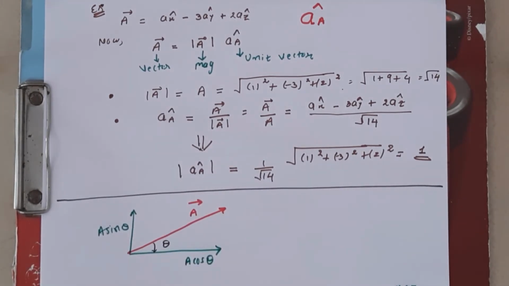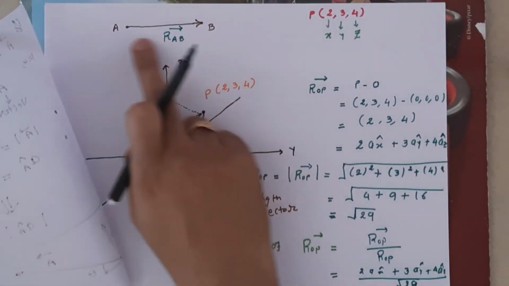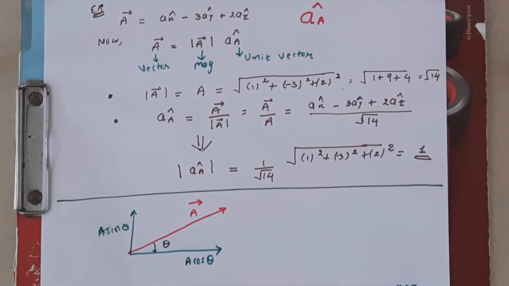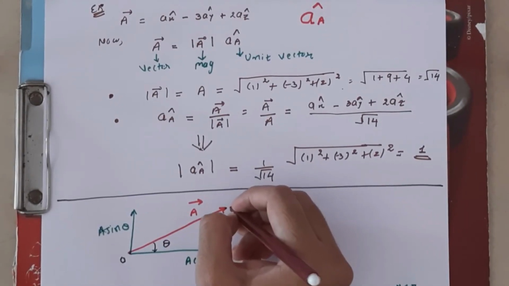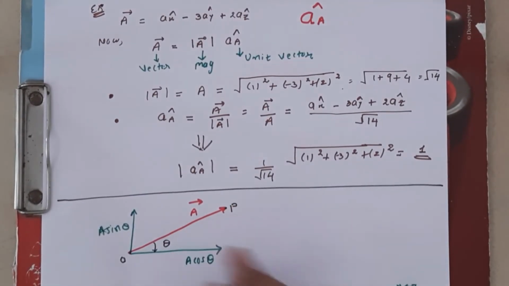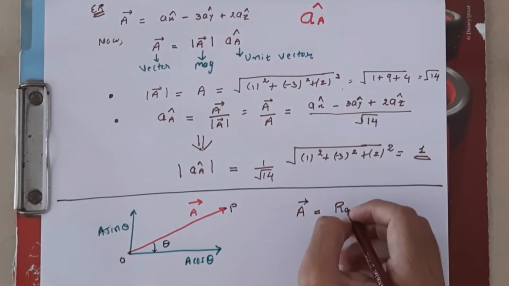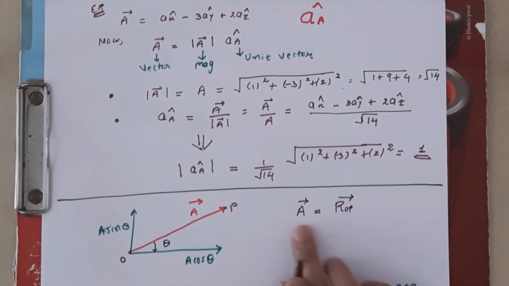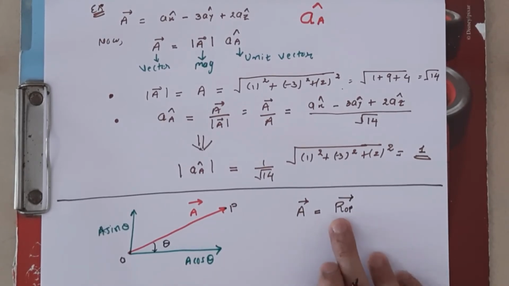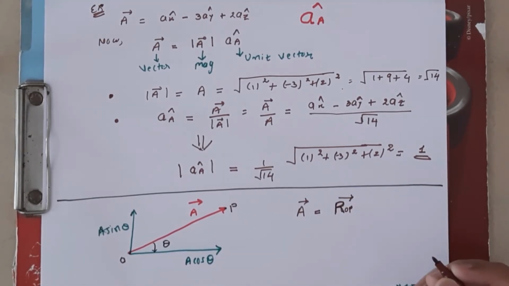Now see here, as we know, to draw a vector we need at least 2 points. Suppose this point is point O and this point is point P. So you can write a vector in this way, vector A, or you can write it as the R_OP vector, because R_OP indicates a vector pointing from O to P, and we always prefer R for the vector.